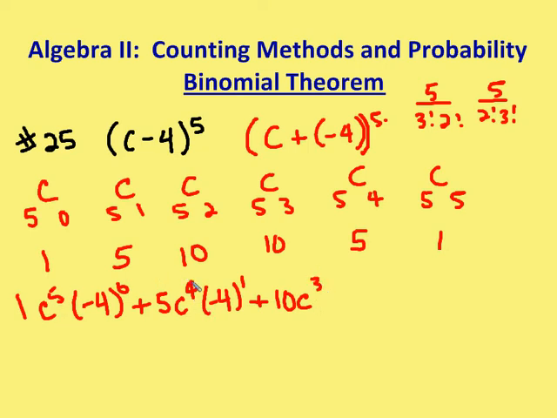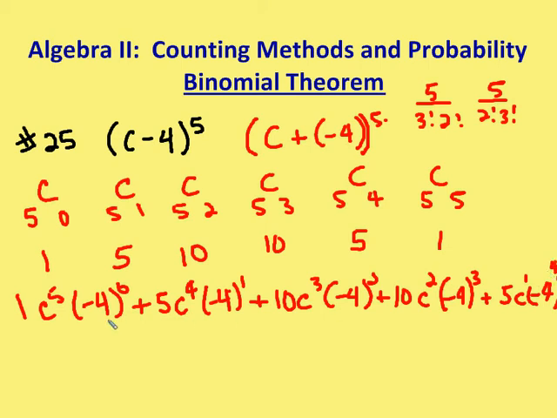So I've got the powers 5, 4, 3, and now I have 0, 1, 2 for negative 4, negative 4 squared, plus I have another 10 as a coefficient, c squared, negative 4 to the 3rd, plus I have 5, c to the 1, negative 4 to the 4th, and then my last one is going to be 1, c to the 0, which is 1, negative 4 to the 5th.